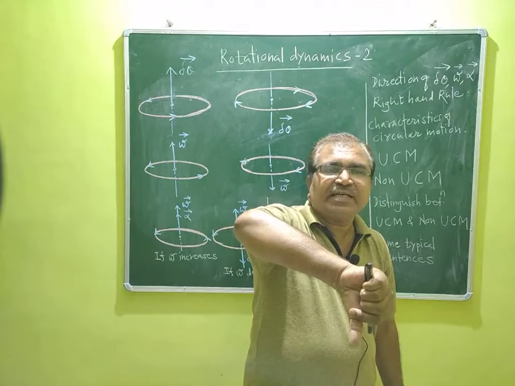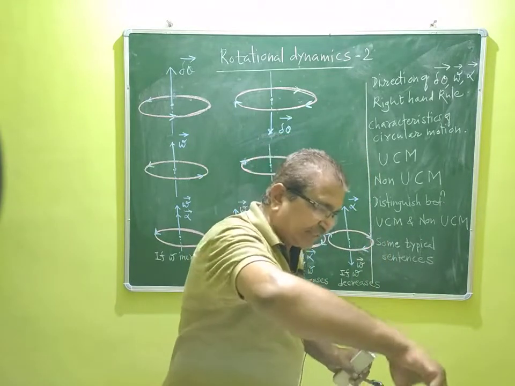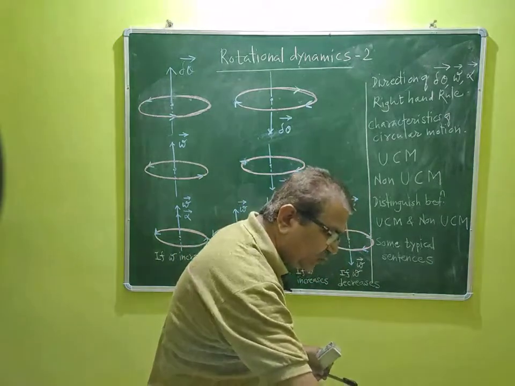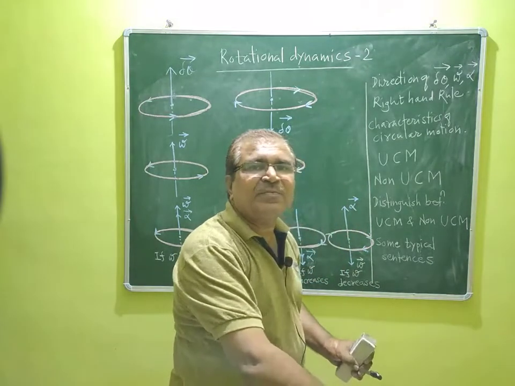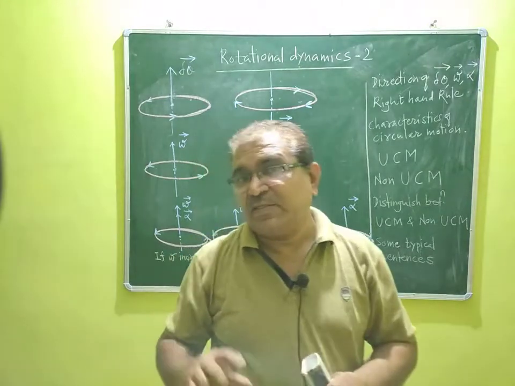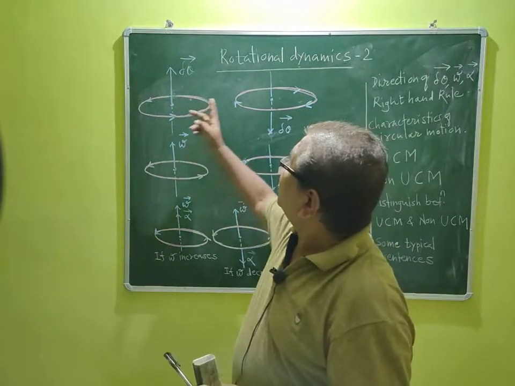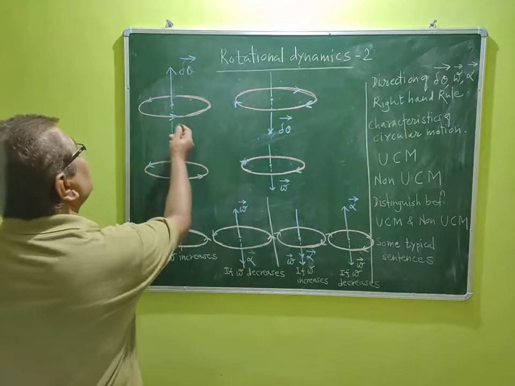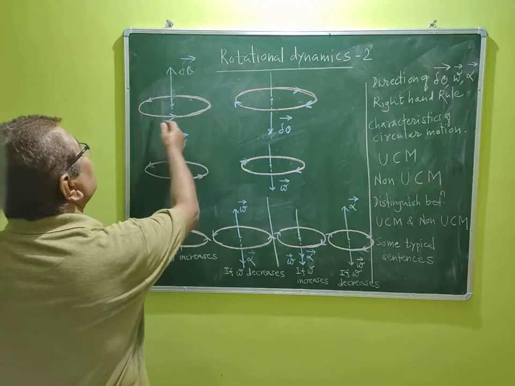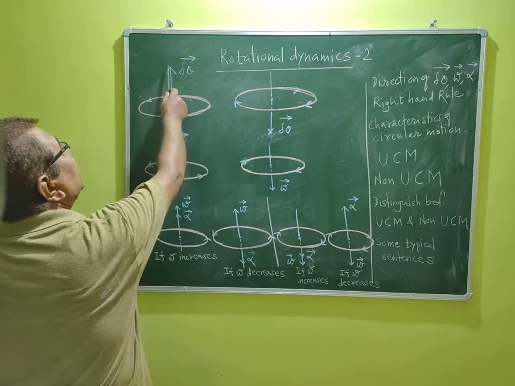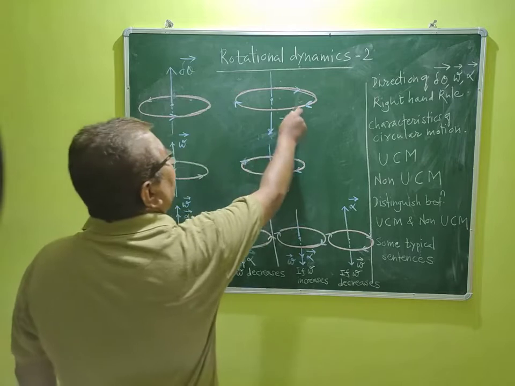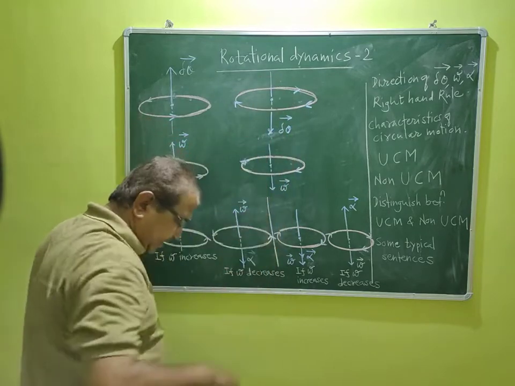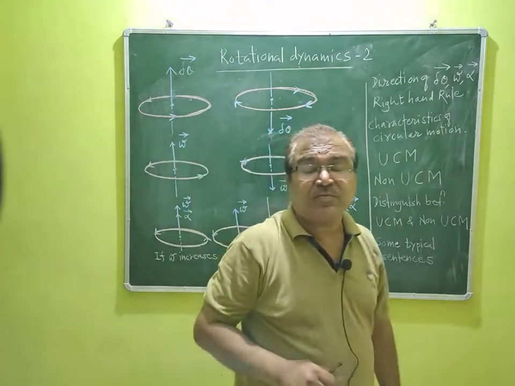So when the circular motion is clockwise, the direction of the angular displacement is in the downward direction. The two figures I have drawn in front of you here: if the direction is anti-clockwise, then angular displacement is upward; if the direction is clockwise, then angular displacement is in the downward direction.